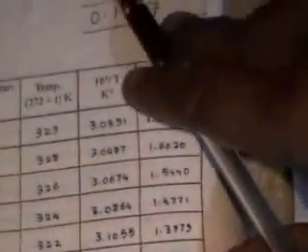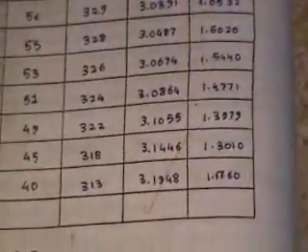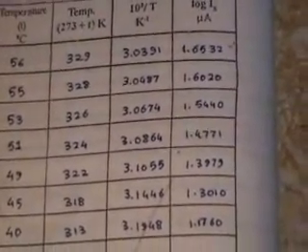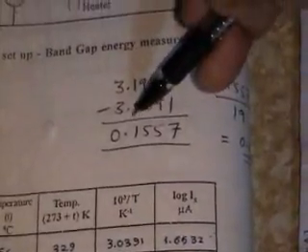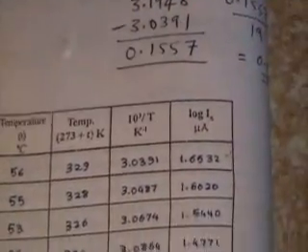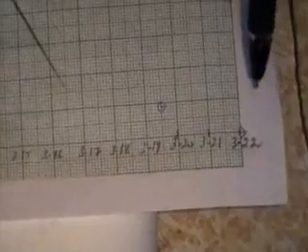And then for the x-axis in a similar fashion, we have the highest reading as 3.1948, the smallest reading as 3.0391. So the difference is 0.1557. And in the x-axis you have approximately 19 divisions. So if you divide 0.1557 by 19, it comes to around 0.008.